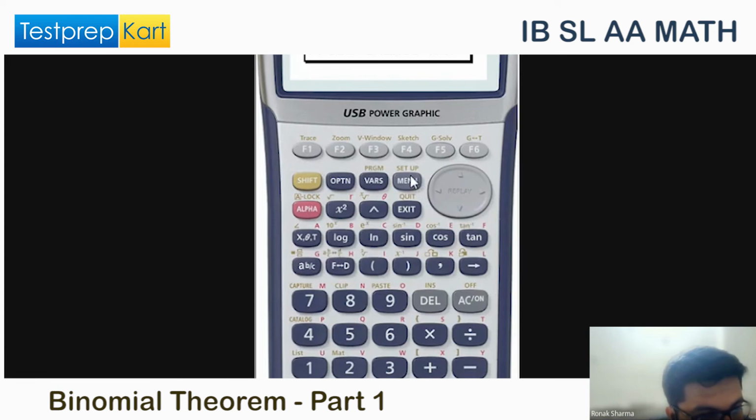Just a second. Menu. Then we will go for Run-Math. So we will choose one.